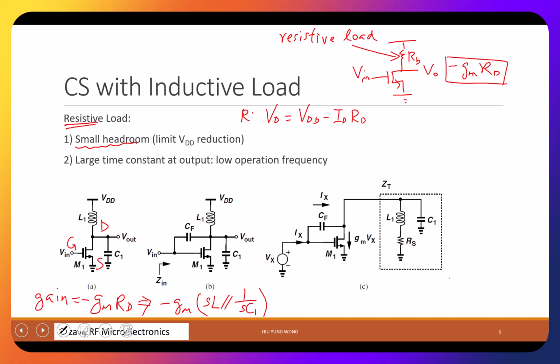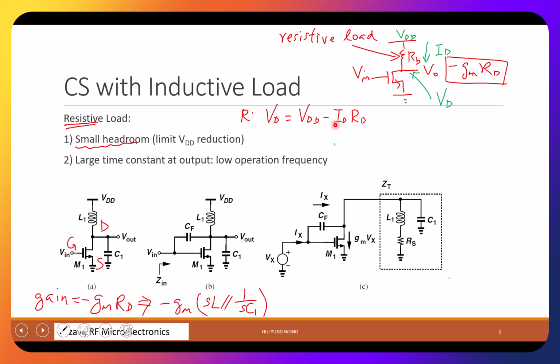Just the potential drop. Maybe I should draw here instead. I have ID, and this point, which is Vout, is VD. This is VDD. So what is the value of VD? It's VDD minus RD times ID.